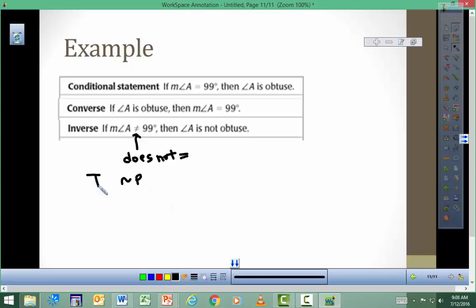If not P, then not Q. Oh my goodness. I'm allergic to math. And so you see this portion here. There's the not, okay, and then there's the Q part, basically. Basically Q is obtuse. So if you negate both parts, then you have what's called the inverse.